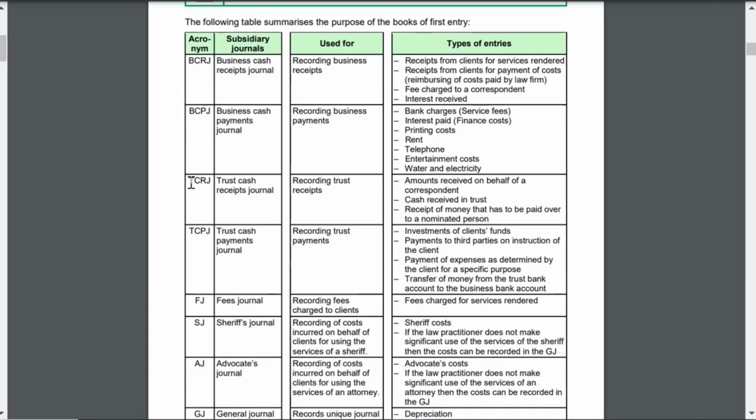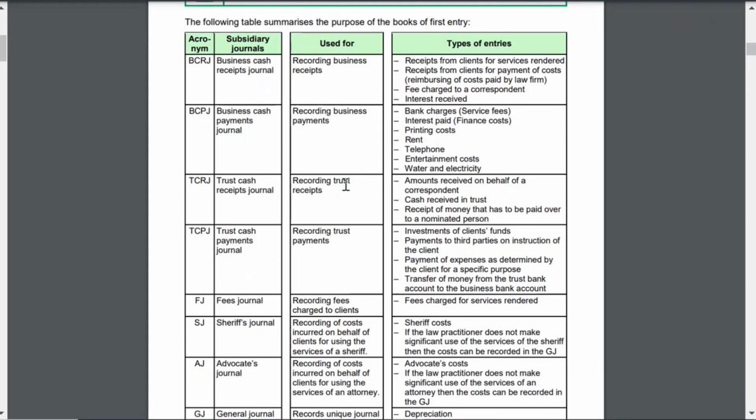And then there's a Trust Cash Receipts Journal. In your Trust Cash Receipts Journal, you will record amounts received on behalf of correspondent. So basically, guys, I need to explain the trust to you because I think Learning Unit 6 or 7 talks about the trust accounts.